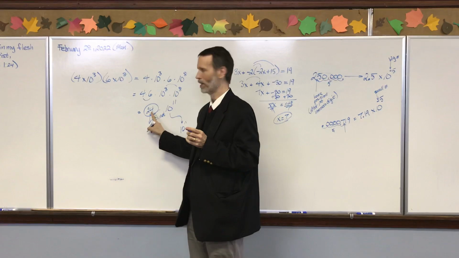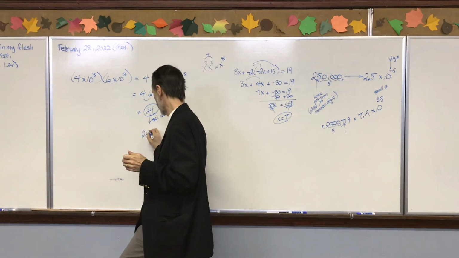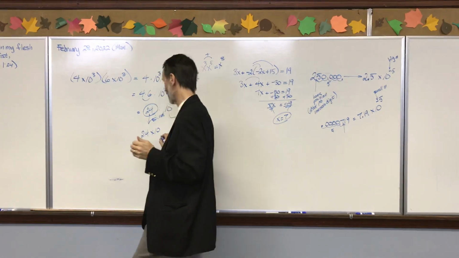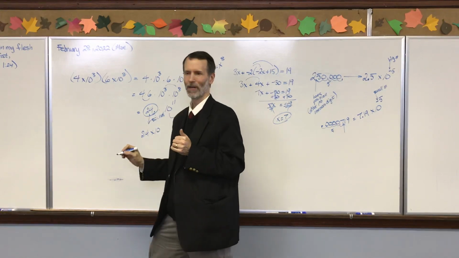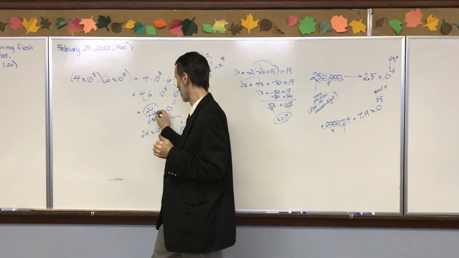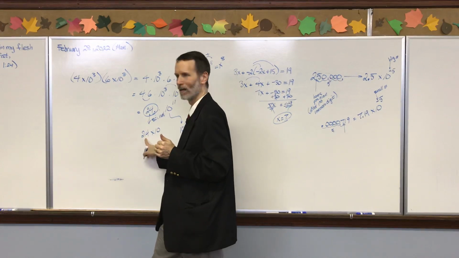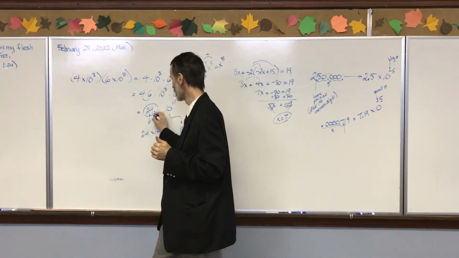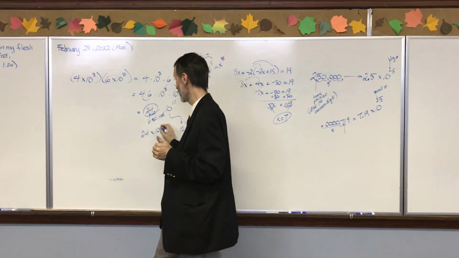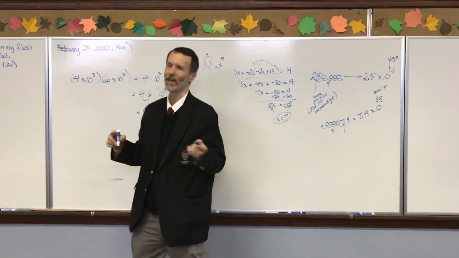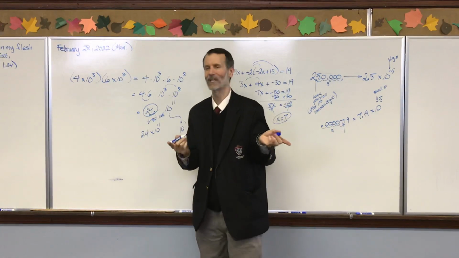It's really 2.4 times 10 to the what? How many spaces do you have to move it to get it to home? One space. Do you think this is a positive one or negative one? Positive one, because it's bigger. The smaller numbers will be decimals.